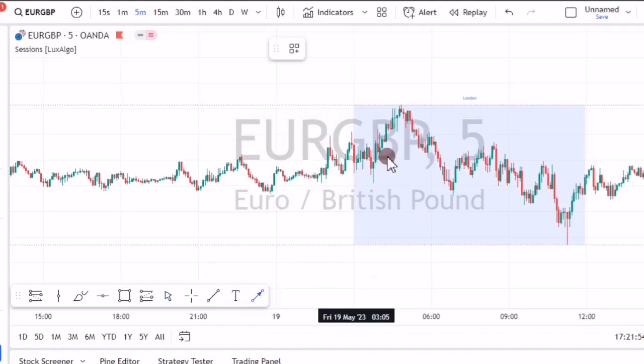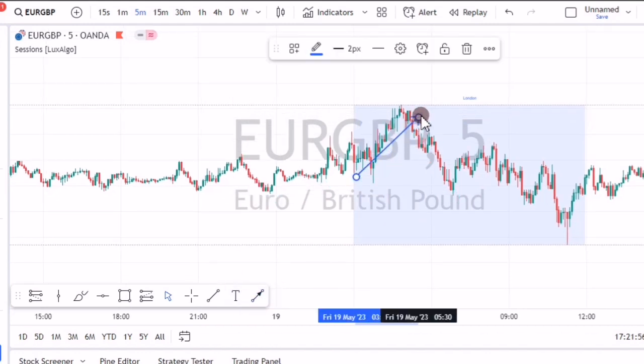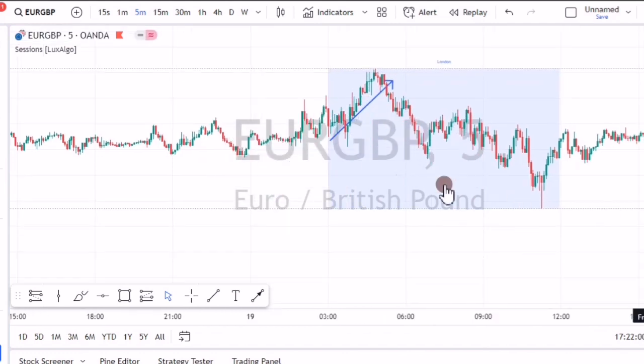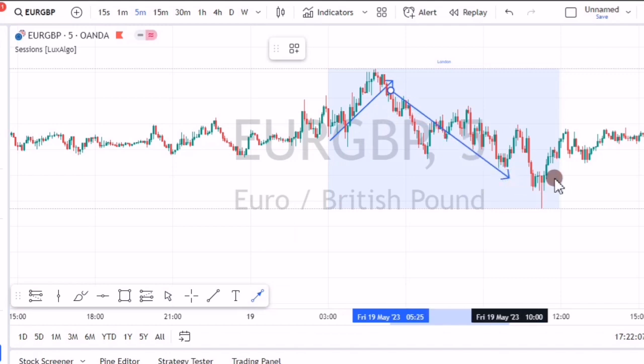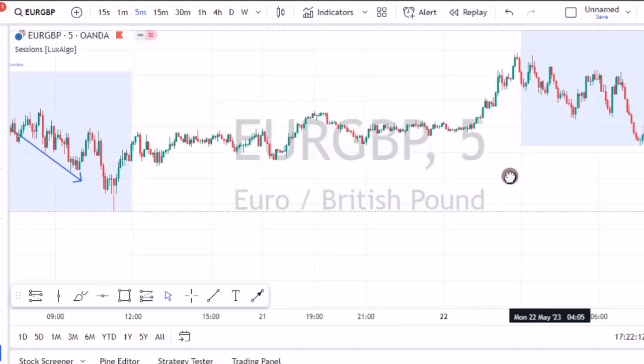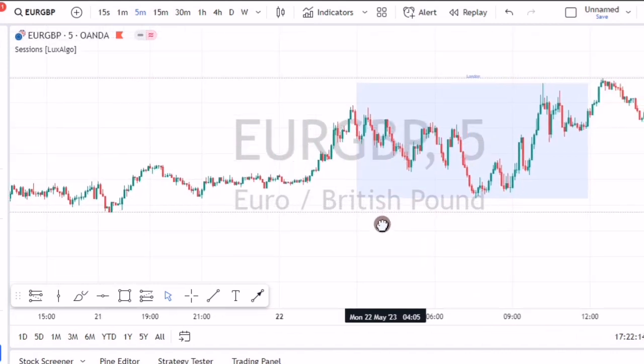So you can see that about 80% of the time you will see this thing happening on Euro GBP. Price started by moving upward and then it changed the direction, moved downwards. You just don't have to be greedy on this thing.